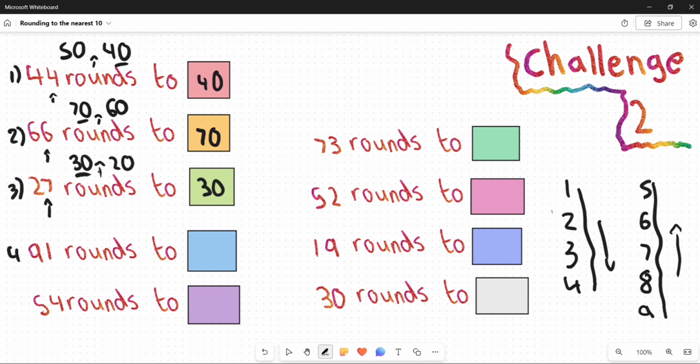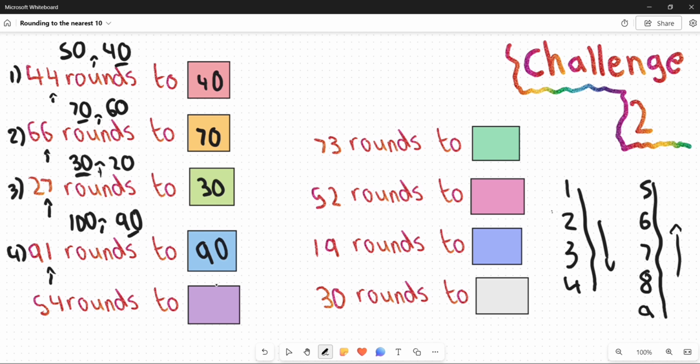Now, question 4. 91 rounds to dash. 91 is in the middle of 100 and 90. If we look at the number in the ones place, it is the number 1, which is the lowest number we could get, that tells us to round down. And the nearest number to round down to is 90.